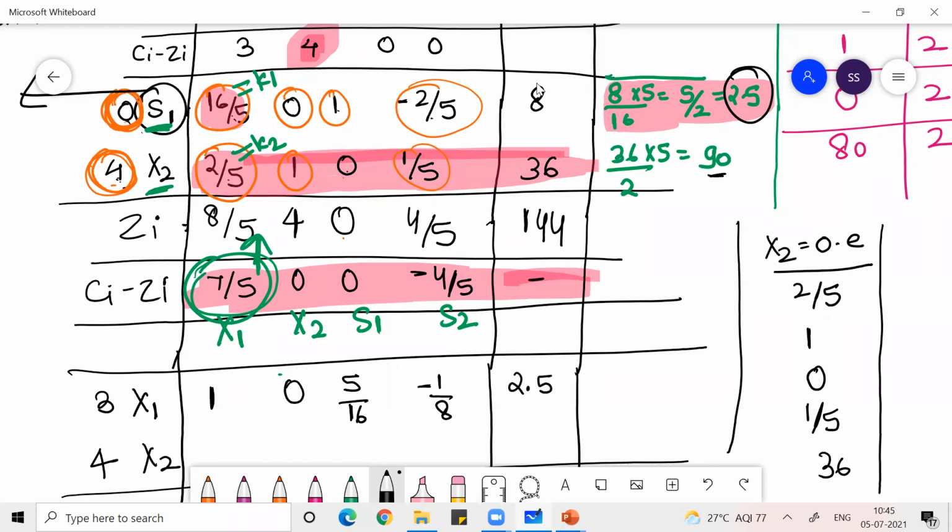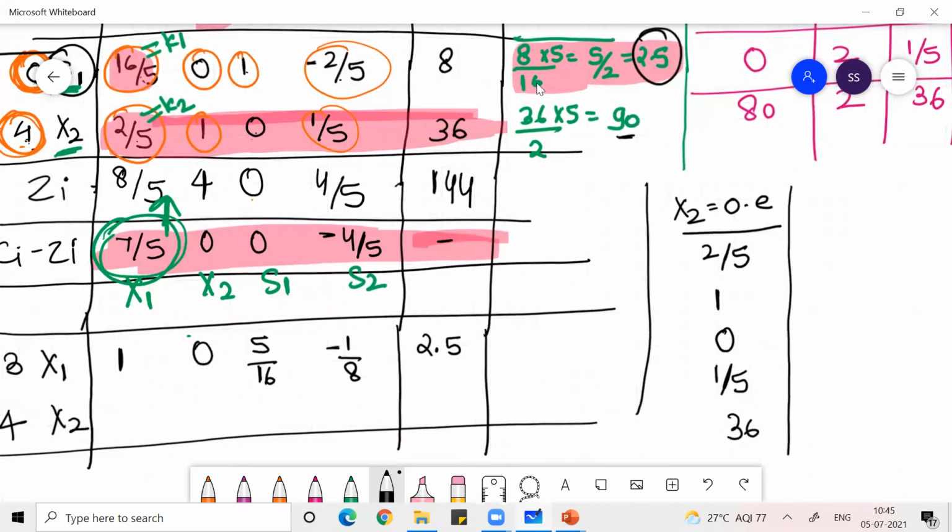The new element is x1, and its values are 1, 0, 5 by 16, minus 1 by 8, and this is 5 by 2. Clear? So the new values for x1 are 1, 0, 5 by 16, minus 1 by 8, and 5 by 2 or 2.5.